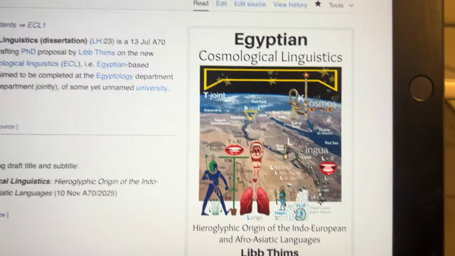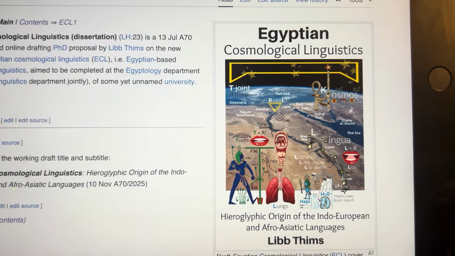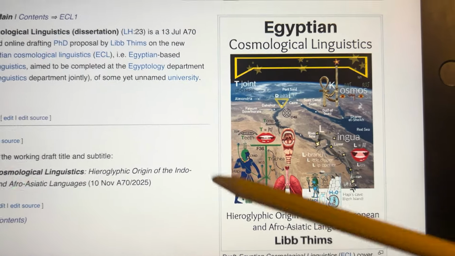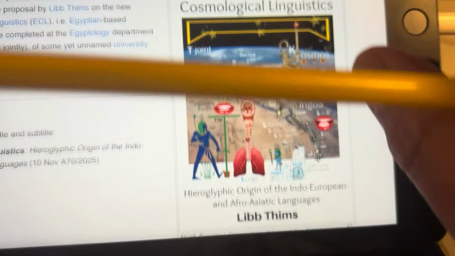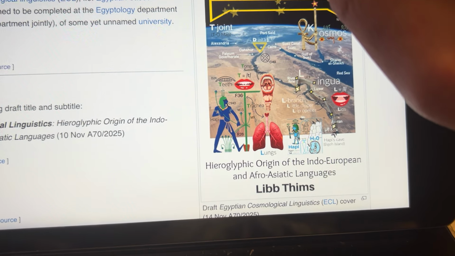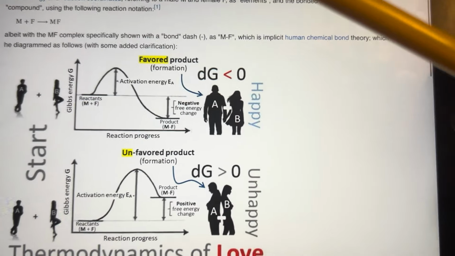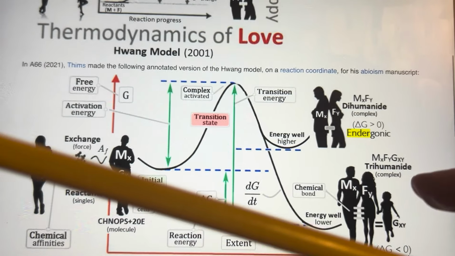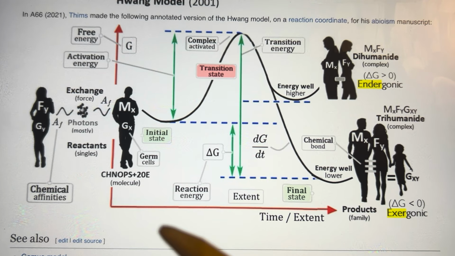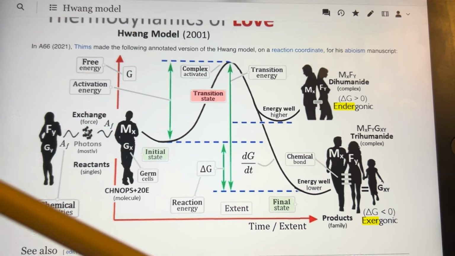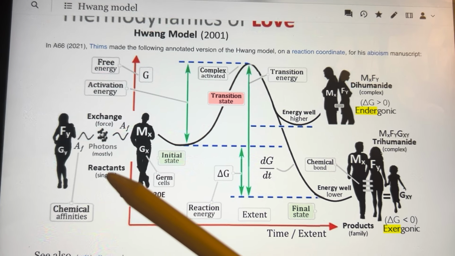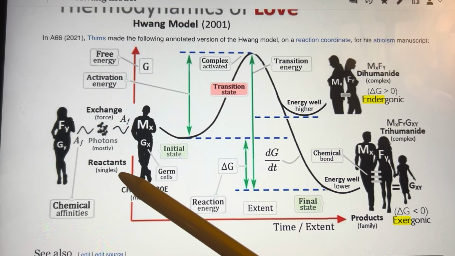We might ask, before digging into this, why would someone want to learn Egyptian cosmological linguistics? The answer is that from the big picture of things, or scientific point of view, this is the standard model called the Huang model, or basic chemical thermodynamic model, wherein two reactants meet.